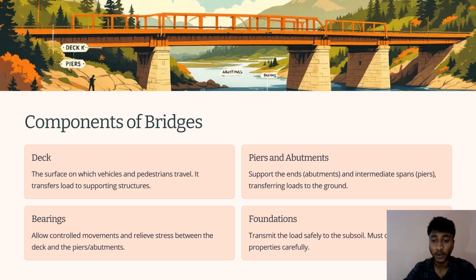Abutments support the ends and piers support intermediate spans, transferring loads to the ground. Third one is bearings. They allow controlled movement and relieve stress between the deck and the piers and abutments. Fourth and final one is foundations. They transmit the load safely to the subsoil, and soil properties must be considered carefully.